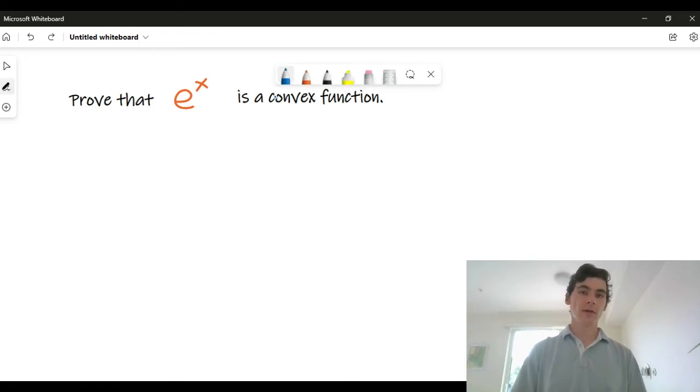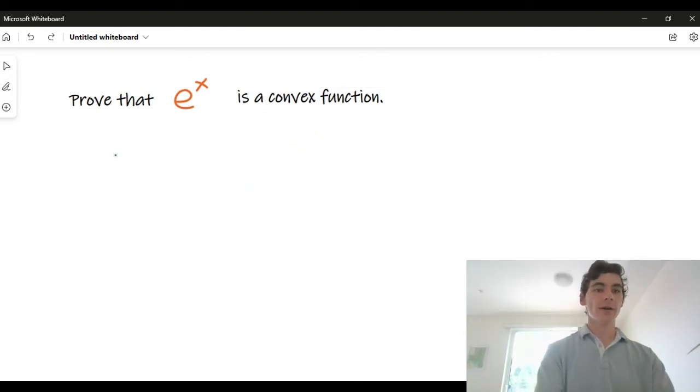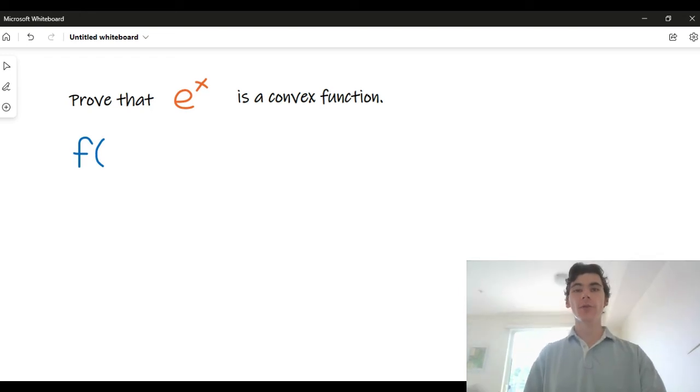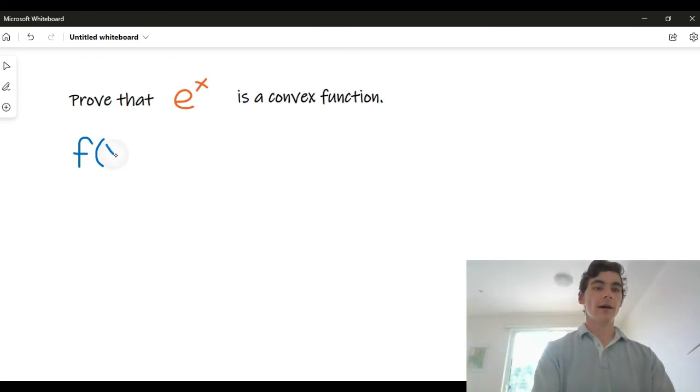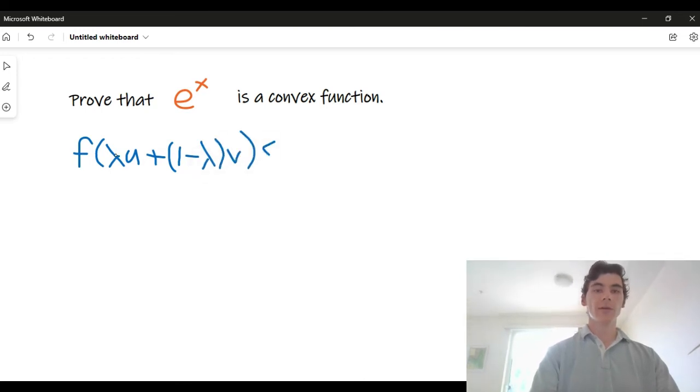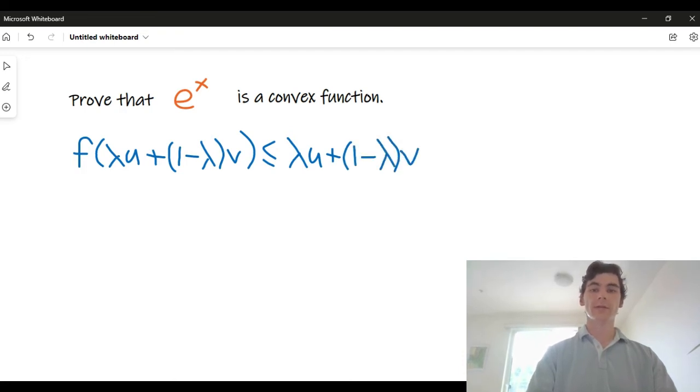First of all, let's recall that the definition of a convex function is a function f such that if I pick any two real numbers, u and v, then I always have that f of lambda u plus 1 minus lambda v is less than or equal to lambda f of u plus 1 minus lambda f of v.